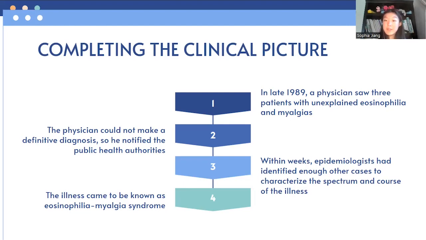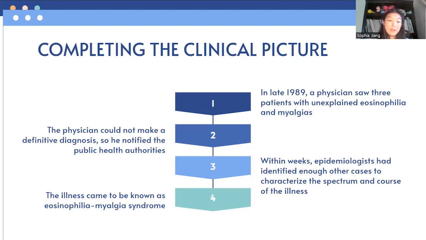So the example here is in late 1989, a physician saw 3 patients with unexplained eosinophilia and myalgias, and the physician could not make a definitive diagnosis because it did not match any of the diseases that he was familiar with.